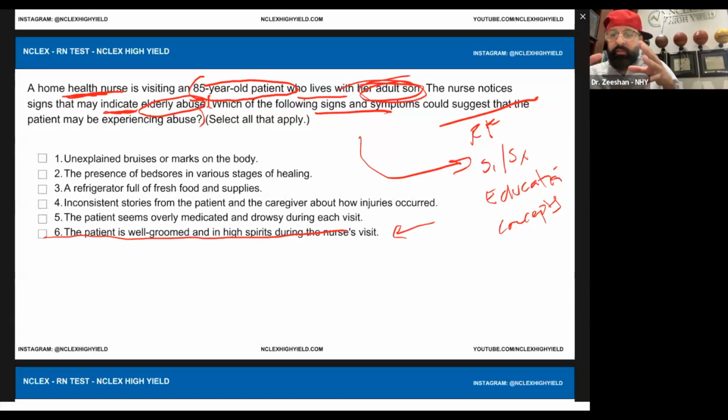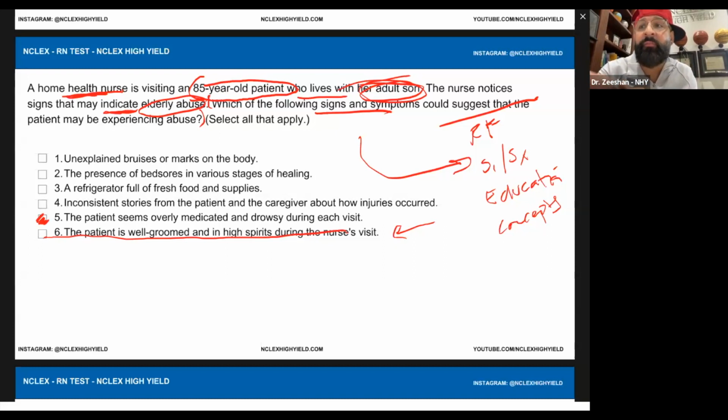If this individual is being abused and the caretaker is trying to hide it, what do you think they're going to do? Up the dosage on their medicine? So they're a little bit loopy, so they don't talk, so they're out of it. Yeah. So that would be a sign or a symptom that this person is being abused.